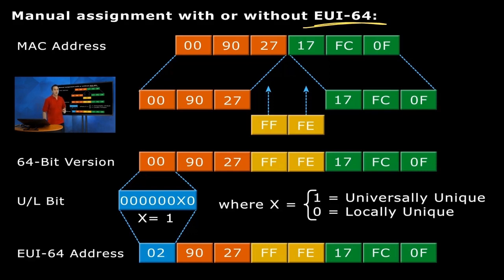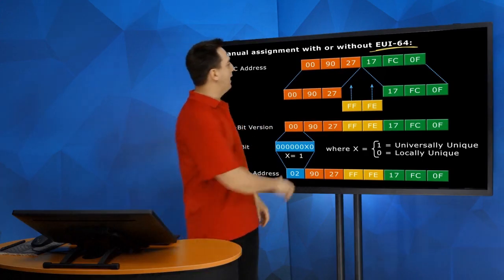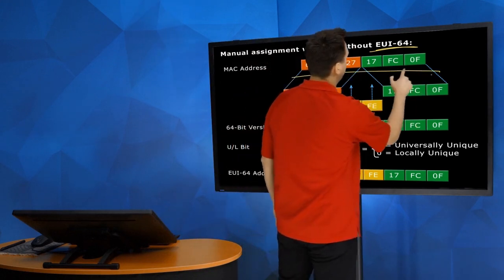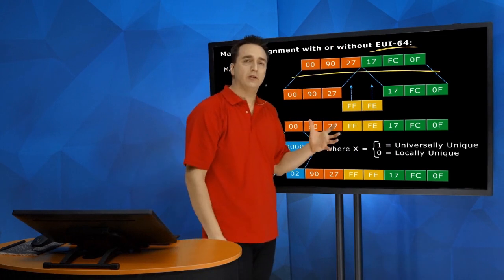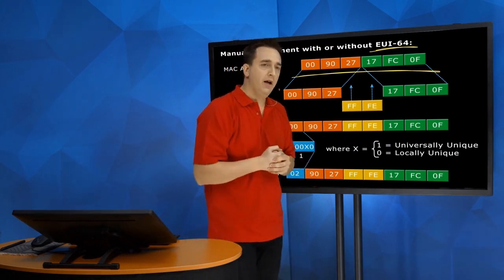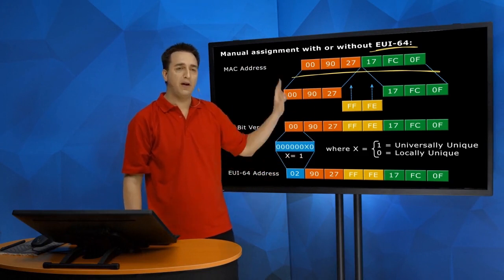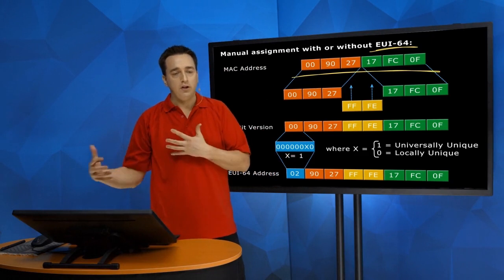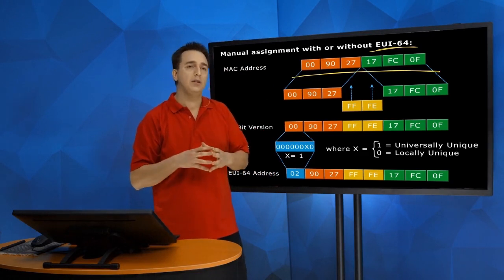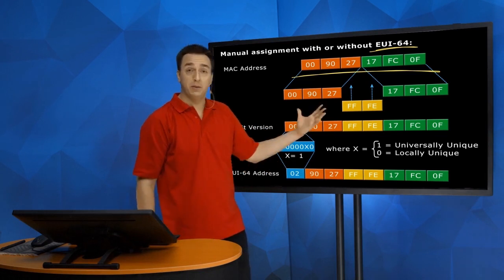Why is that? Well, with EUI 64, we use the MAC address of the device, of that particular interface. So if I'm using the MAC address of that particular device, and I am slightly modifying it, as we see here, we'll get into the modification very soon, would it not be possible then to reverse what I've done here and come up with the MAC address?